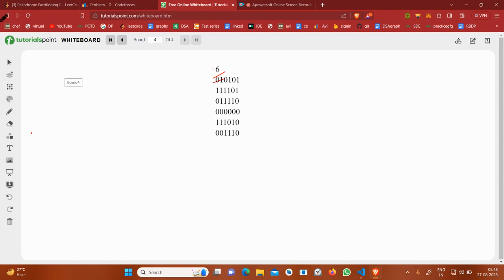Now you can say that I will again start from the first row, and now these three ones should be inverted.